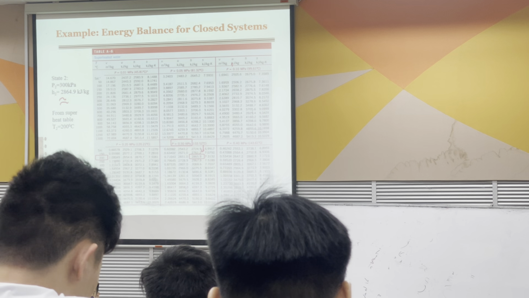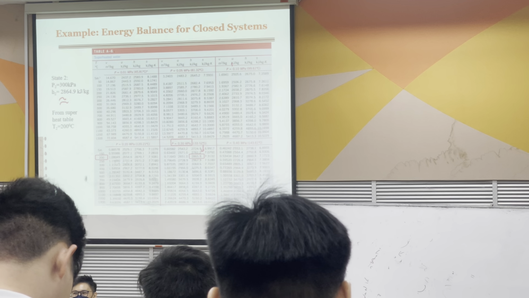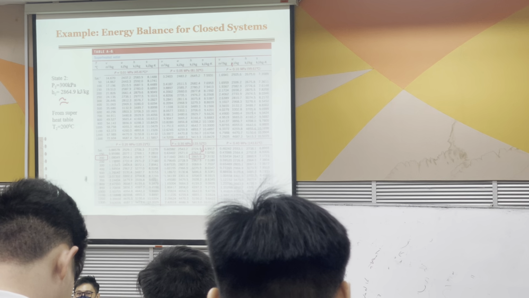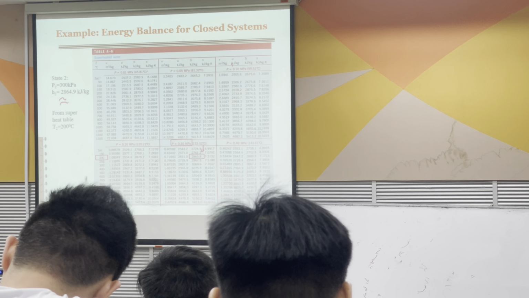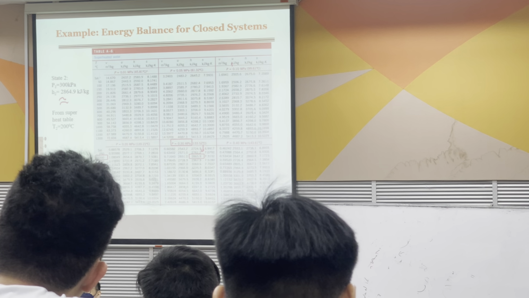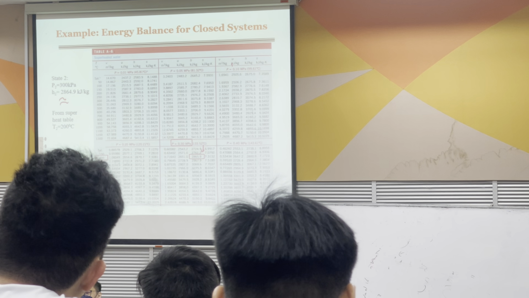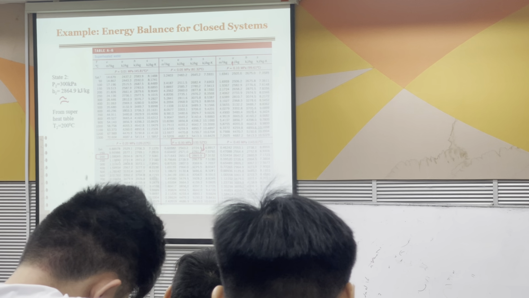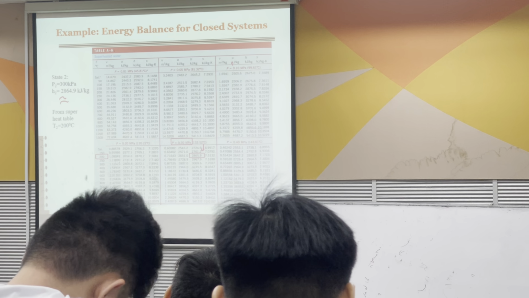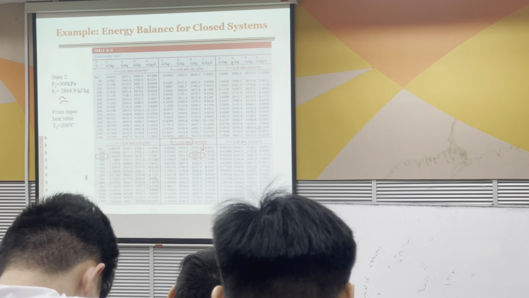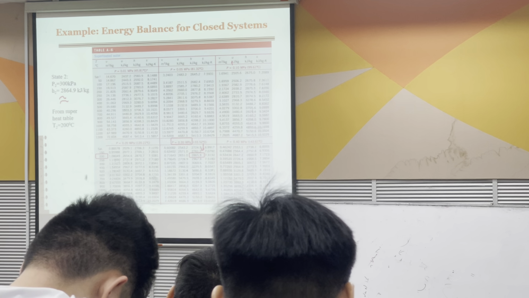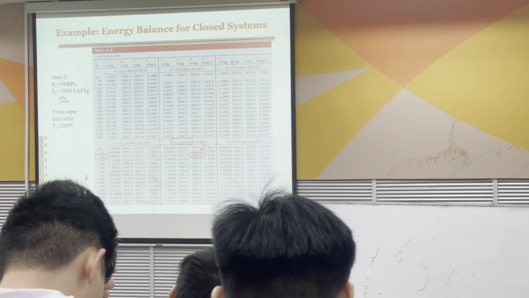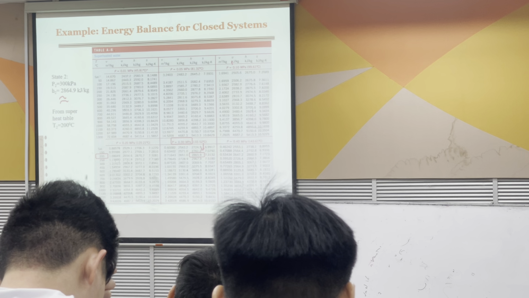The issue here is how close is close enough to approximate. I don't have an exact answer for this. The questions are usually designed by me, so if it seems close enough, then it is close enough. If I want you to interpolate, the answer you get will not be 2864.9, it will be like 2800, obviously in between the two values. If it looks very close, you can approximate.